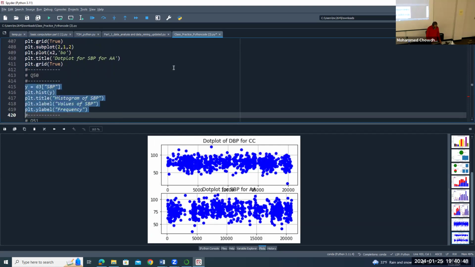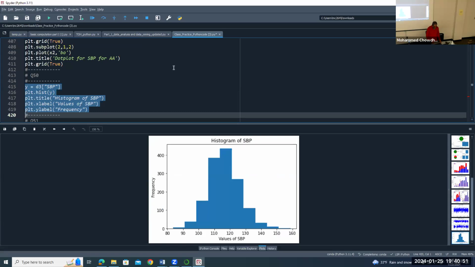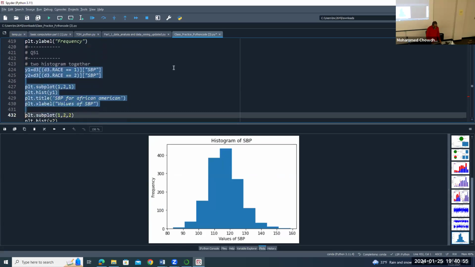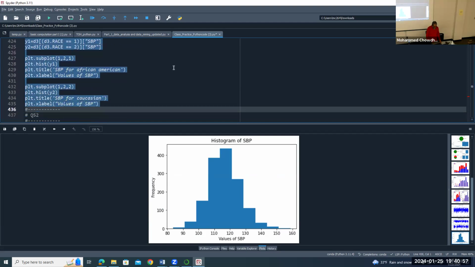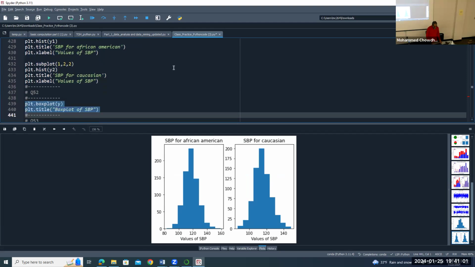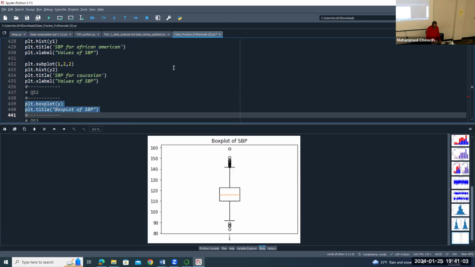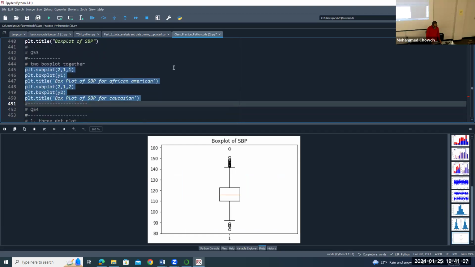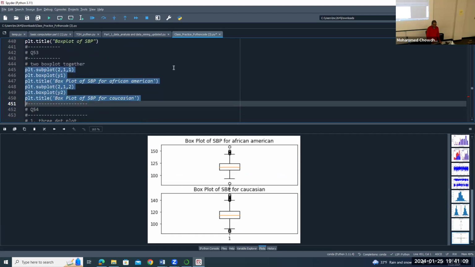Histogram for the SBP, 1 histogram for the African American, 1 histogram for the Caucasian, and then box plot for the SBP, 1 box plot for the African American, 1 box plot for the Caucasian. Okay, 1 dot plot for all SBP, 2 dot plot for African American and Caucasian.